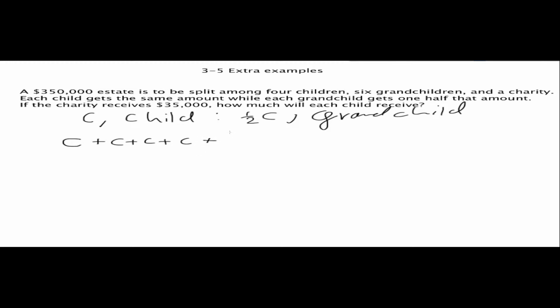Each of them gets a half, so 1/2 c plus 1/2 c plus 1/2 c plus 1/2 c plus 1/2 c plus 1/2 c. And then the charity gets 35,000.